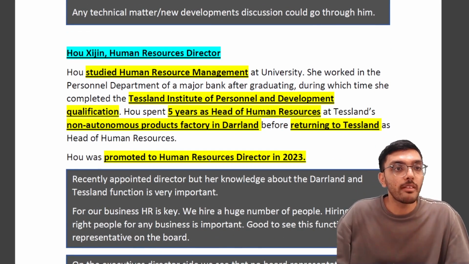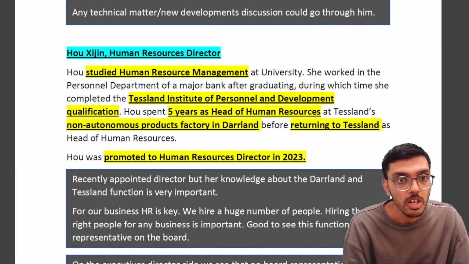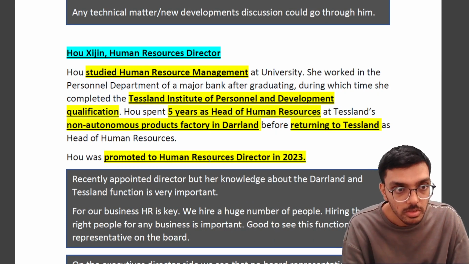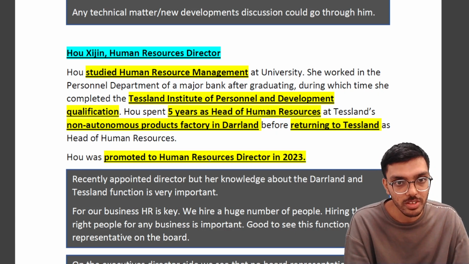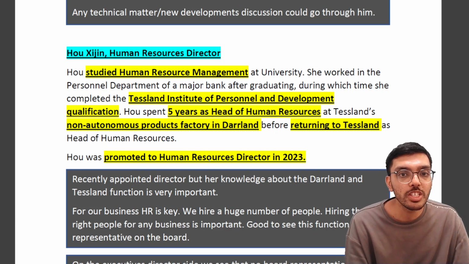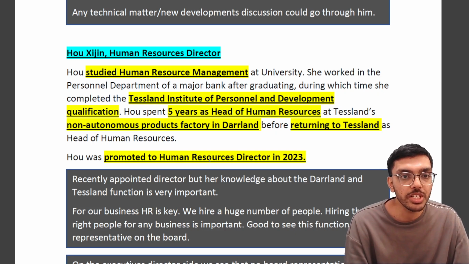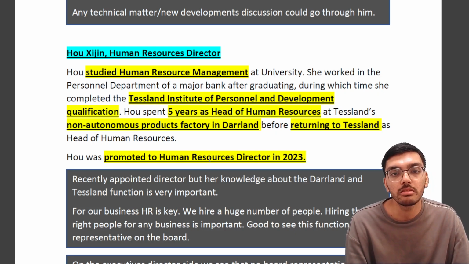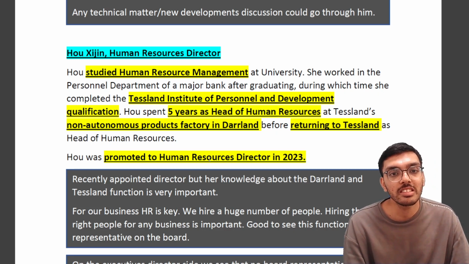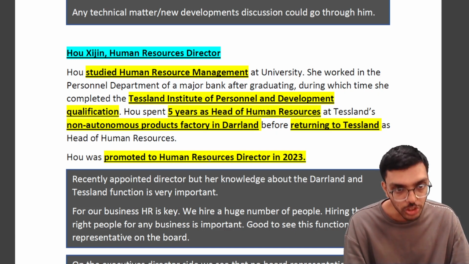Next, we have Hu Shijin, Human Resource Director, or Hao Shijin, however you want to say it. So Hao studied Human Resource Management at university. She worked in the personal department of a major bank after graduating, during which time she completed the Tesland Institute of Personal Development qualification.